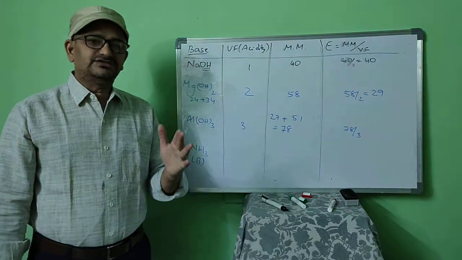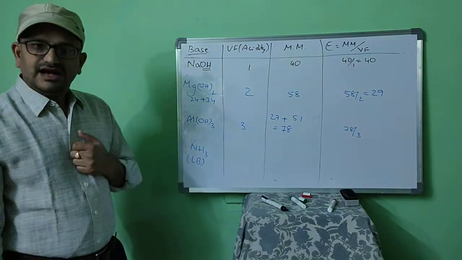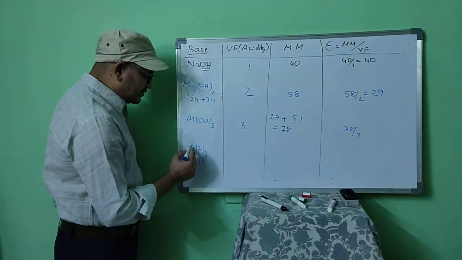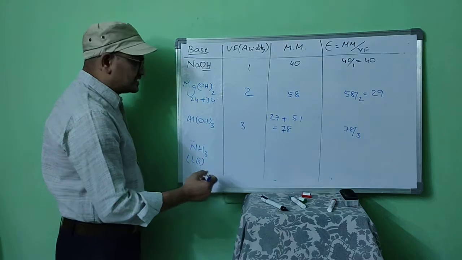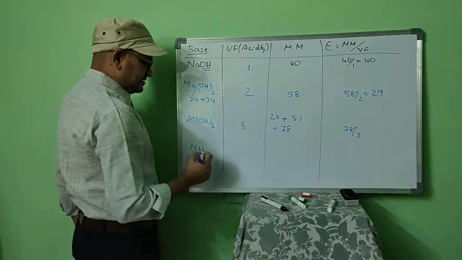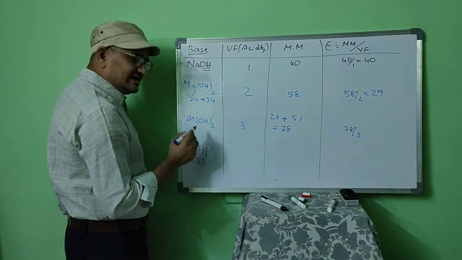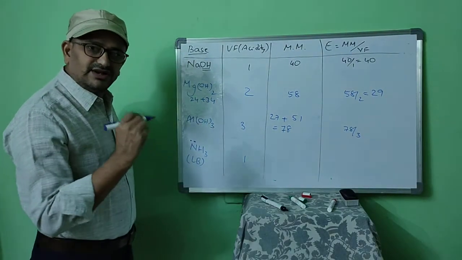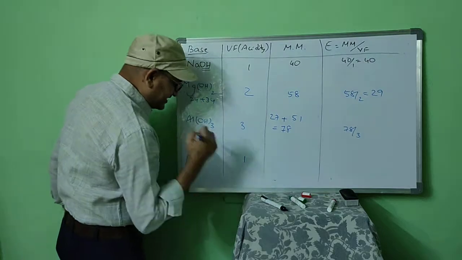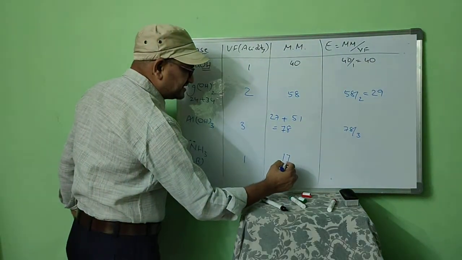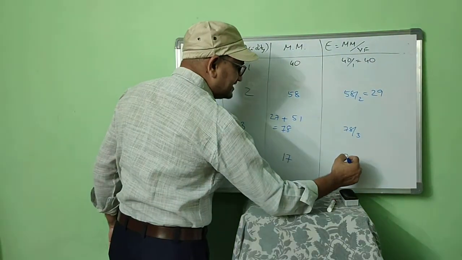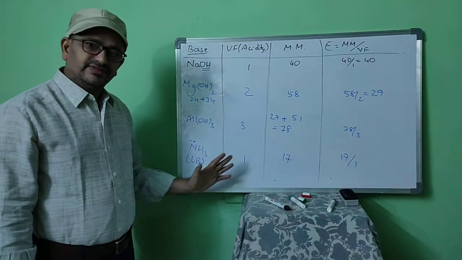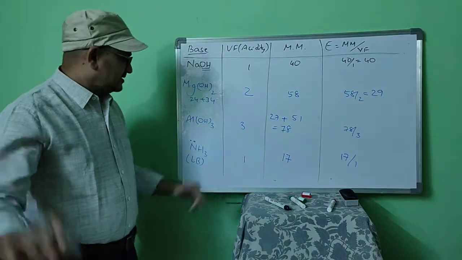Only those hydrogens are called replaceable hydrogens. Don't forget such relations. Now, equivalent mass of ammonia, which is a Lewis base. What's the valency factor of a Lewis base? Number of electron pairs it can donate. It can donate 1 electron pair. So valency factor is 1. Its molar mass is 17. So equivalent mass is 17 by 1. Is that clear? Next.